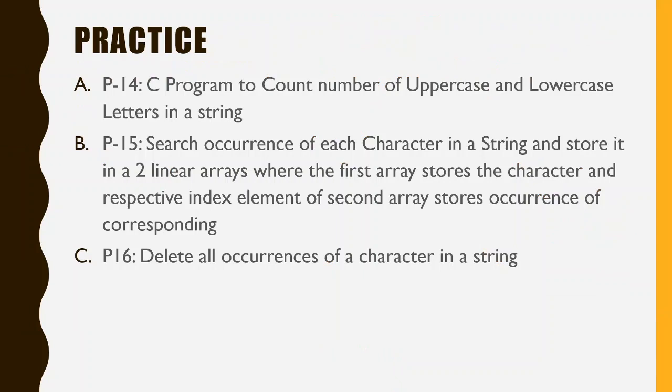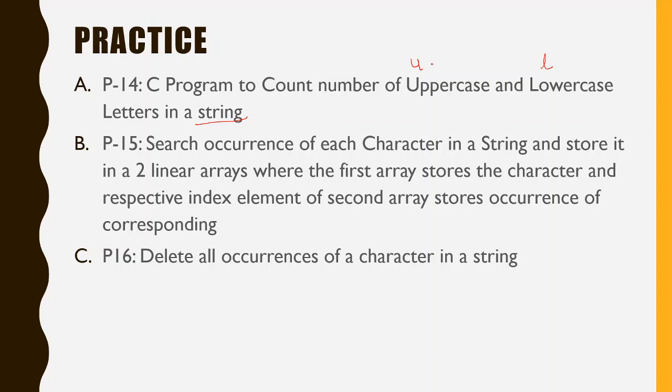Okay, so you have to write a C program to count the number of uppercase and lowercase characters in a string. What you need to do is scan this string and take a variable u to count the uppercase and a variable l to count the lowercase.